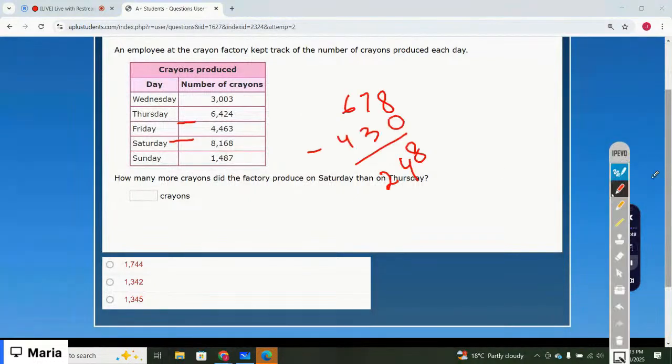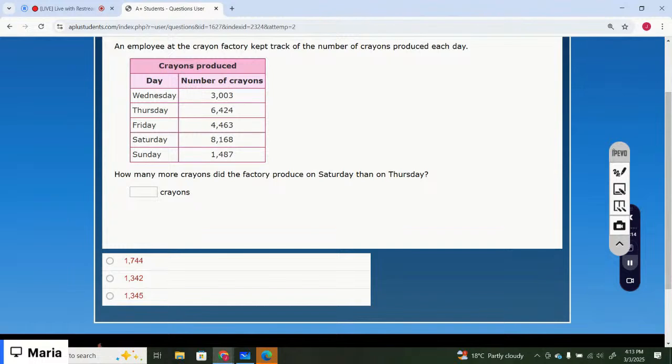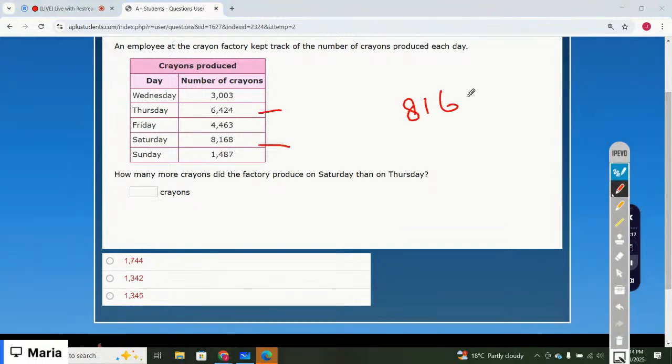On Saturday, they produced 8,168, and on Thursday, they produced 6,424. So subtract simply, 8168 minus 6424. Which is the correct option?